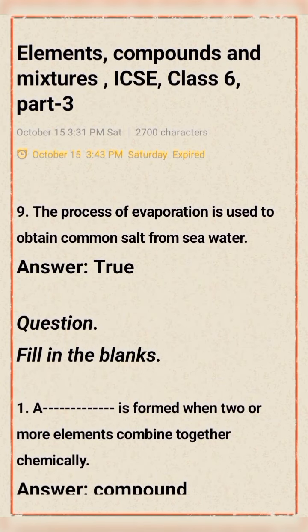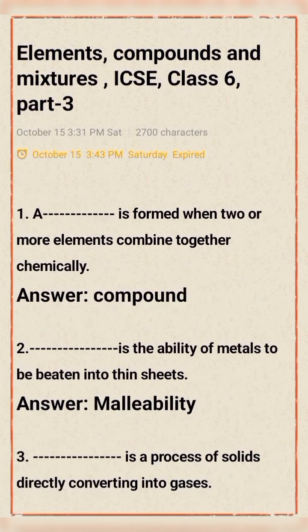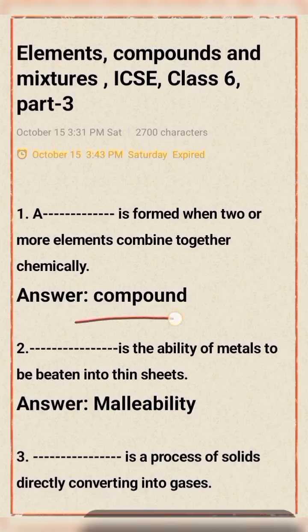Next question type, fill in the blanks. Number 1. A dash is formed when two or more elements combine together chemically. The right answer is compound. A compound is formed when two or more elements combine together chemically.